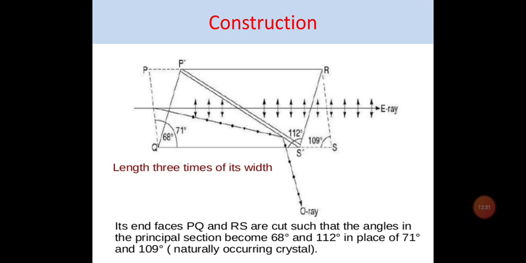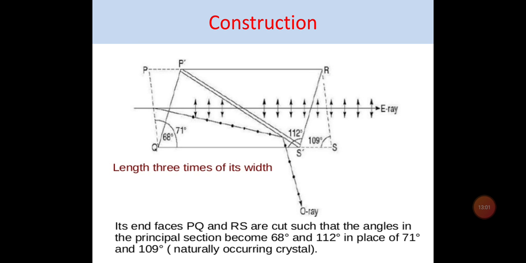So Nicol prism is made up by taking a rhombohedron of calcite whose length is 3 times its thickness with optic axis in the plane PQRS, as you can see in the figure. Now you can see that here the end faces PQ and RS are making the angle of 71 degree and 109 degree.